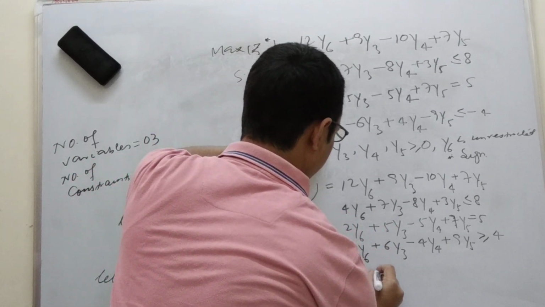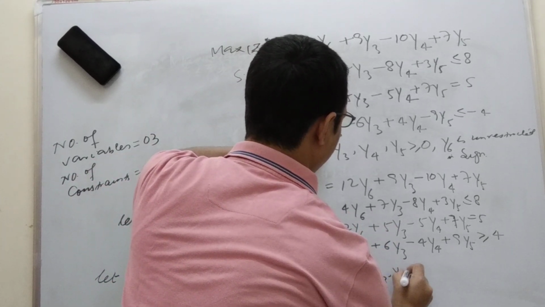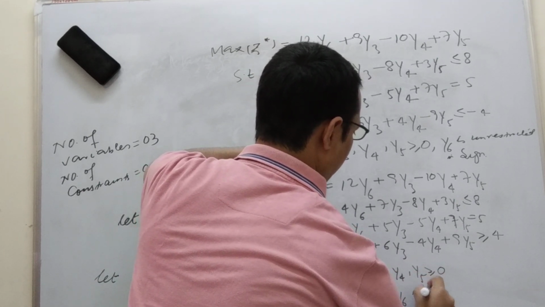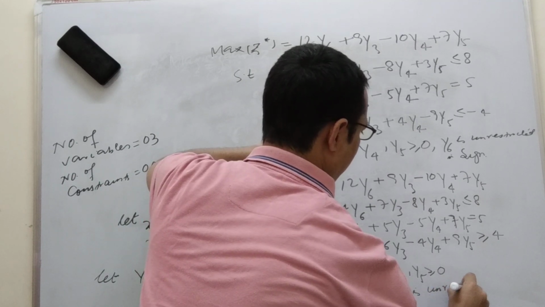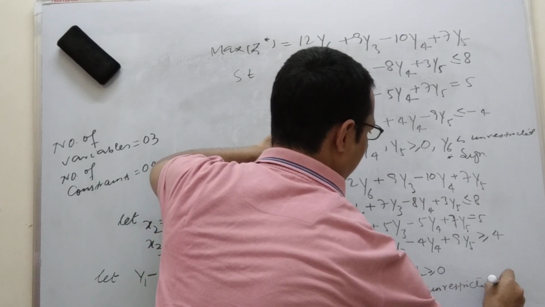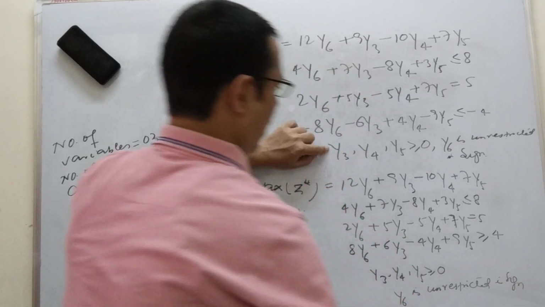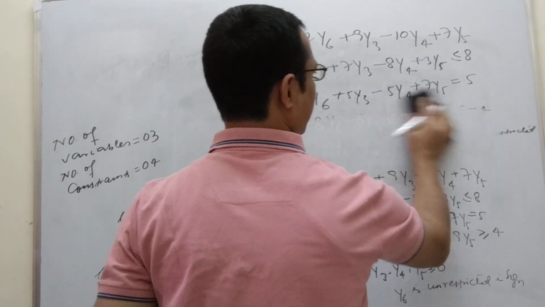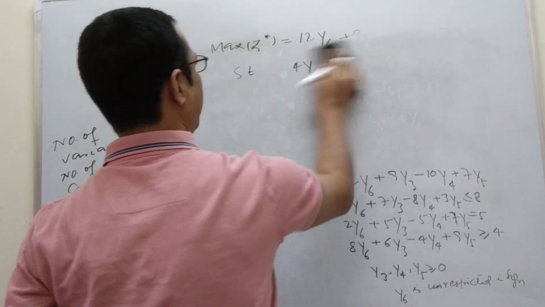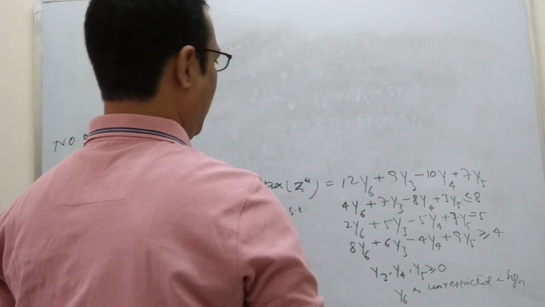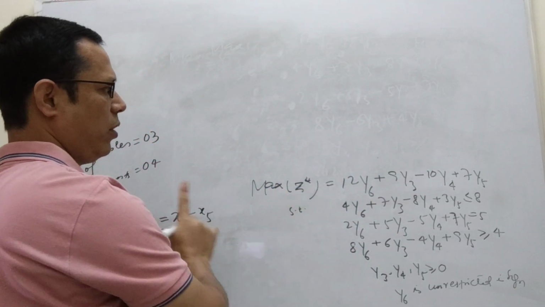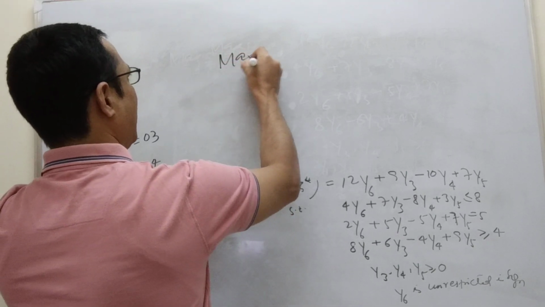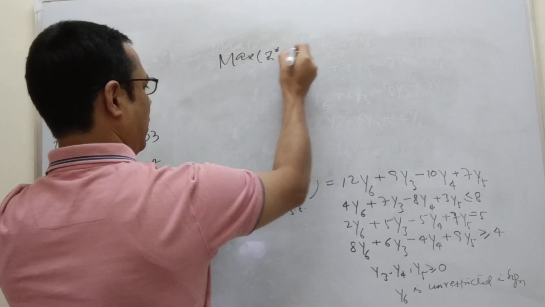Here we can say y3, y4, y5 greater than or equal to 0 and y6 is unrestricted in sign. Okay, now in the next steps we'll see what changes need to be made over this LPP. It will give you the matrix from A to A transpose. Then at the end we'll check whether the matrix has become A transpose or not.